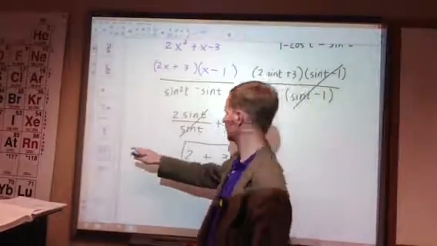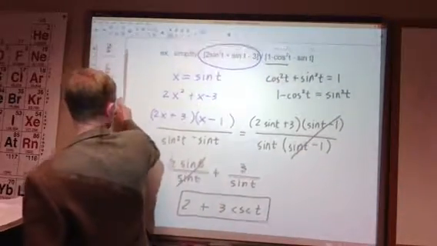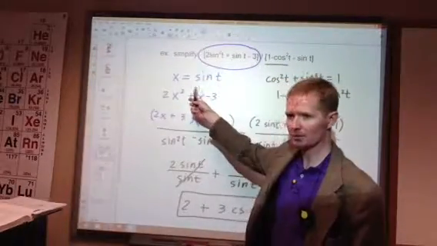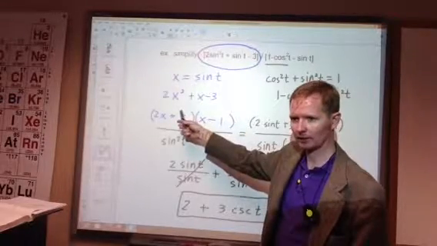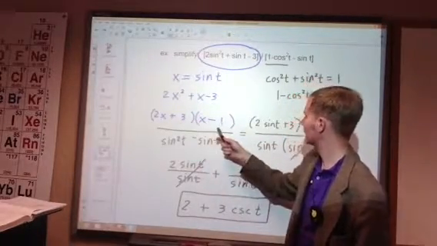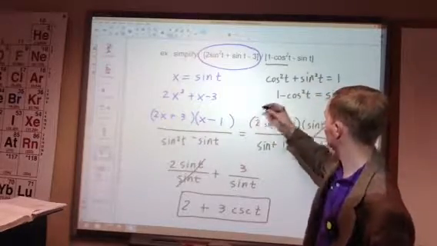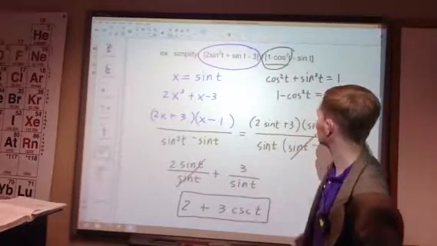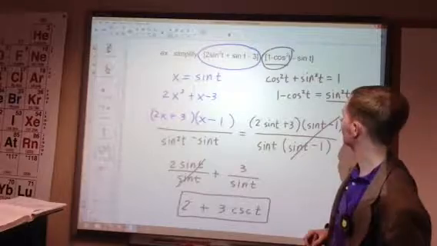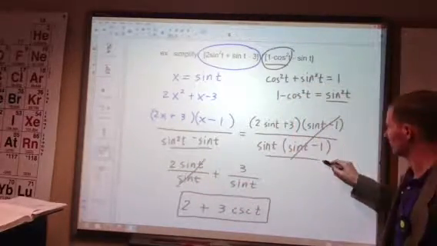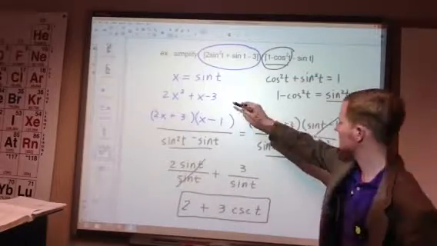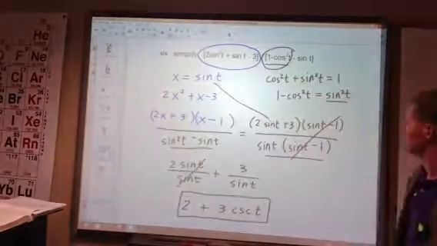Okay, let's go back and look at my steps real quick here. Everybody follow that I did substitution here? And then I factored, right? So once I had factored, then I used my Pythagorean identity for these two terms to get to that. Then I factored those two terms out to get to here, and I re-substituted in there.